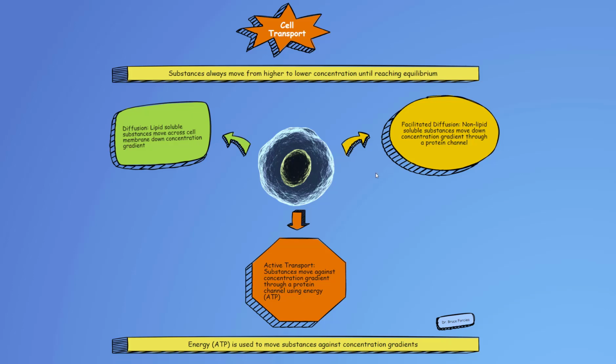Okay, so let's say that all you have is diffusion for lipid-soluble substances and facilitated diffusion for non-lipid-soluble substances, and then you say ready, set, go, and everything moves down its concentration gradient until reaching equilibrium. Well, what happens? The organism dies, because what you need in order to keep an organism alive is gradients.